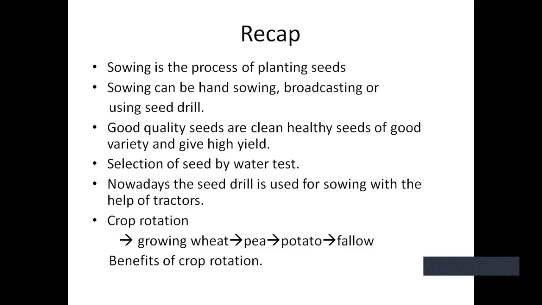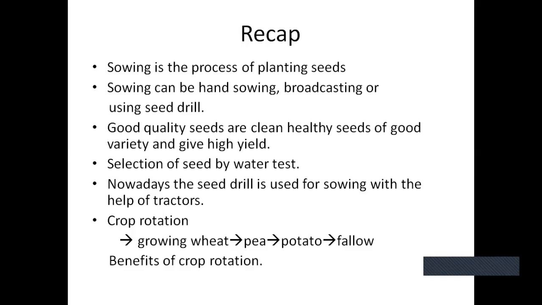If wheat is a crop which requires more nitrogen, whatever nitrogen is present in the soil is used up by the wheat. So the farmer sows pea or beans, any leguminous plants. I hope you remember what leguminous plants are.